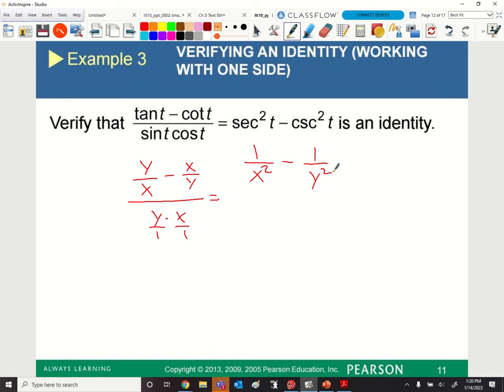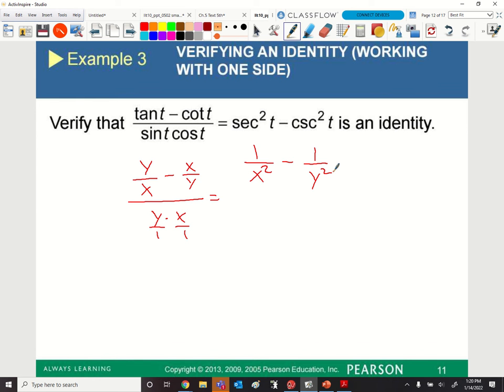Over 1? Oh, no. Are you saying this over 1? No, I don't do that because cosecant is just 1 over y, right? But if the sine or cosecant was on the bottom, I would have to have a fraction over fraction. Right now, it's just this.